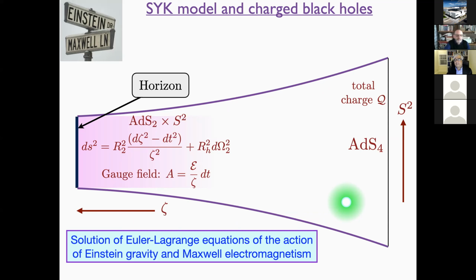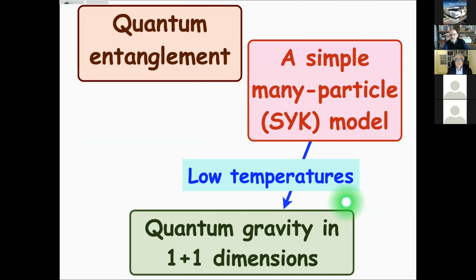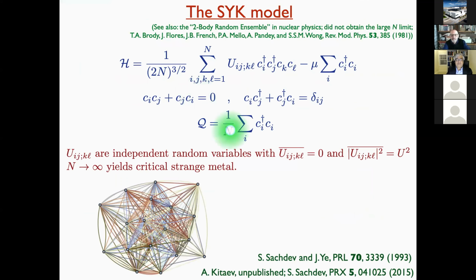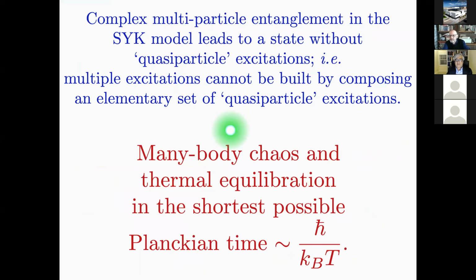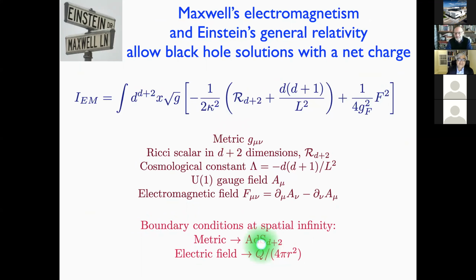There's a charge on the SYK model also, the Q. I'm using the same symbol Q. If you remember, there was a Q here. So this Q plays a role very similar to the Q over here. I should have made that script Q for that Q. Any other questions?